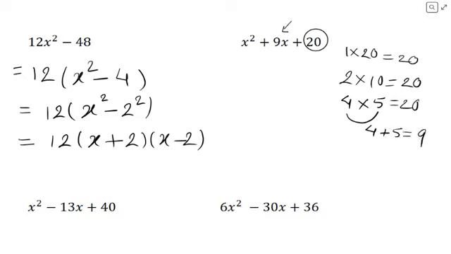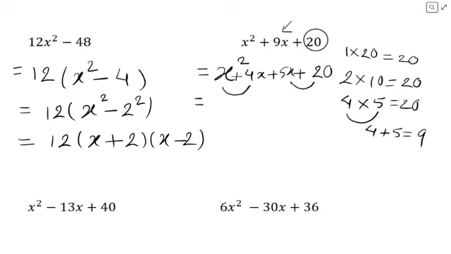So what we can do to solve this is keep the first term, x square, as it is, and the last term, 20, as it is. Now we split this 9x. How? One is 4x and one is 5x, so 4x plus 5x is 9x, right? Now we look at these two terms and these two terms.